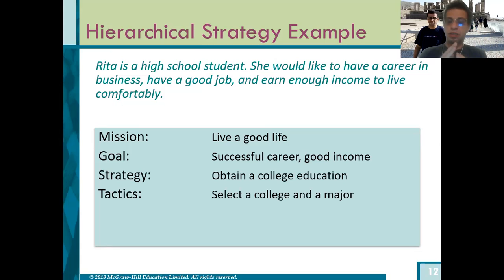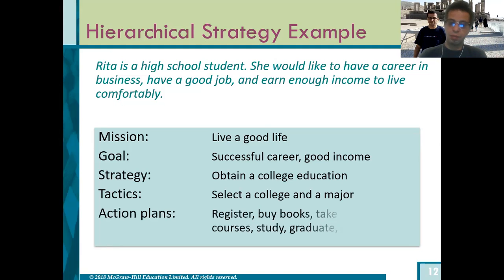Her strategy is to obtain a college education, and now she has a tactic of selecting a college and a major. So each one will generate the next higher level. And now she has this action plan: she's registering, buying new books, taking the courses, attending the classes, studying, and then graduating and getting a job.